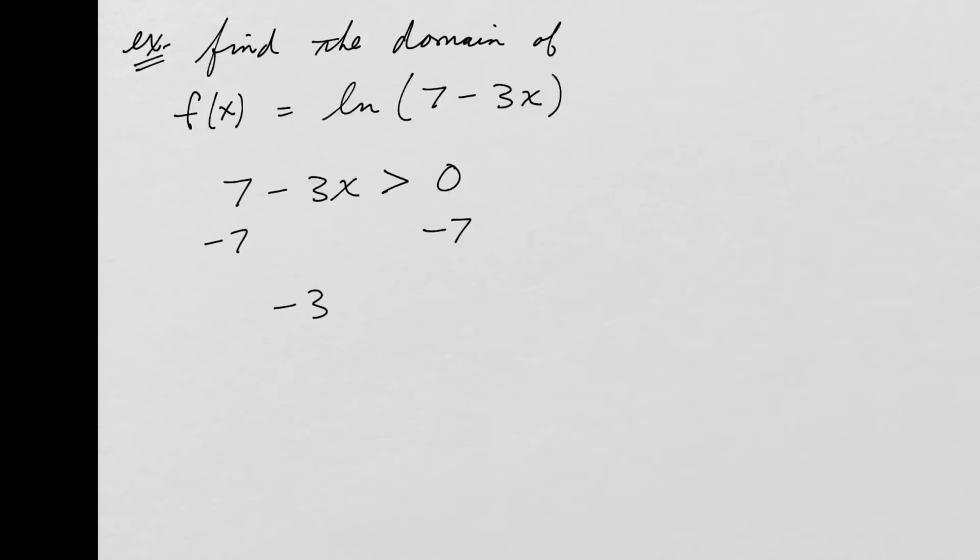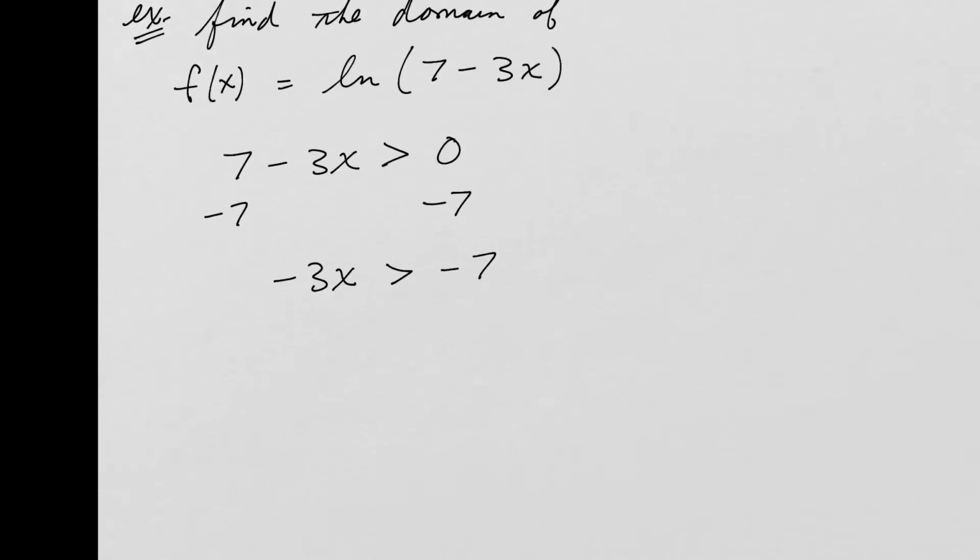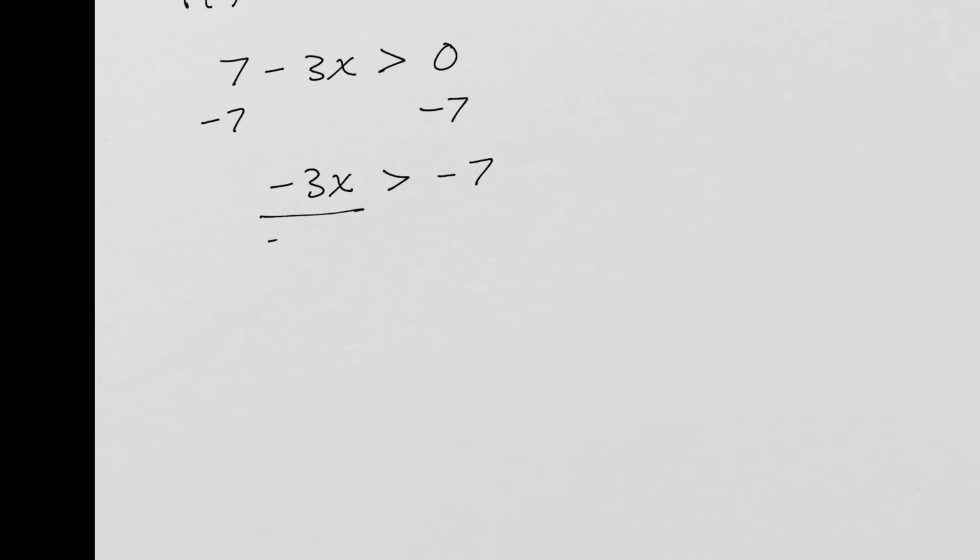So I have negative 3x is greater than, and then 0 minus 7 is negative 7. Then I would have to divide both sides by negative 3. But remember, this is like that one special rule. If I divide by a negative value or multiply by a negative, typically it's division at the end, like I'm doing now, then what do I need to do with that inequality? I need to flip it, or I need to change the sense of the inequality.